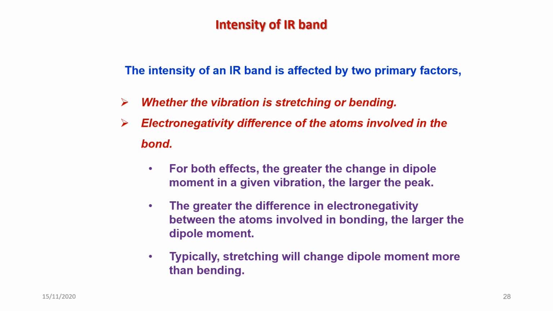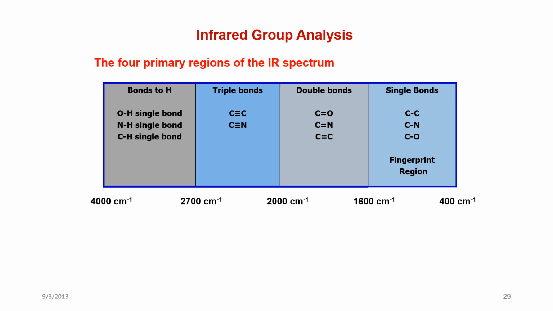Whether it is stretching or bending, if it is followed by the change in the dipole moment, then the light is absorbed by the molecule. And if the change in the dipole moment is more, then more intense is the IR band. Greater the difference in the electronegativity between the atoms involved, then larger is the dipole moment, hence larger is the peak.